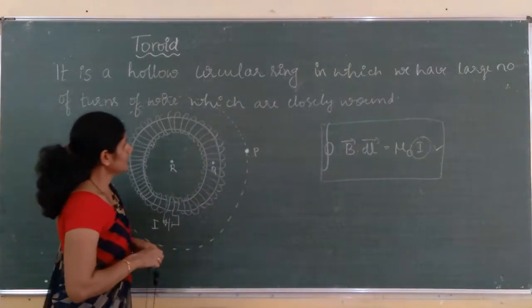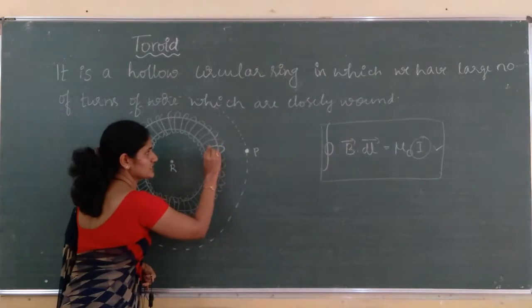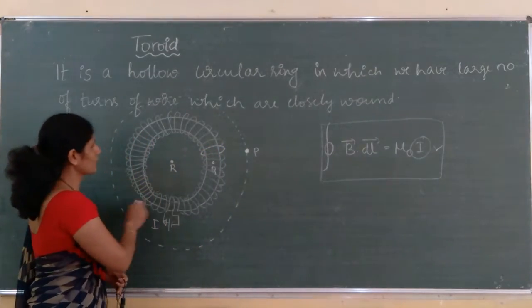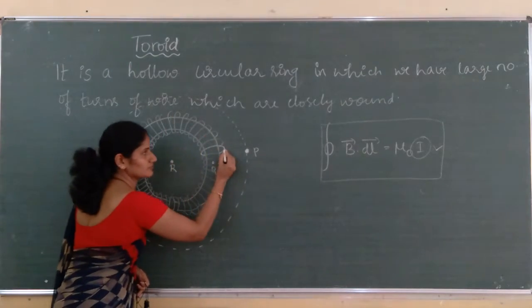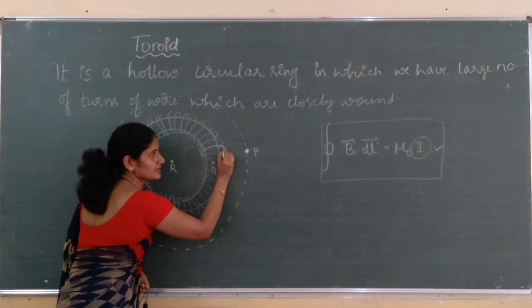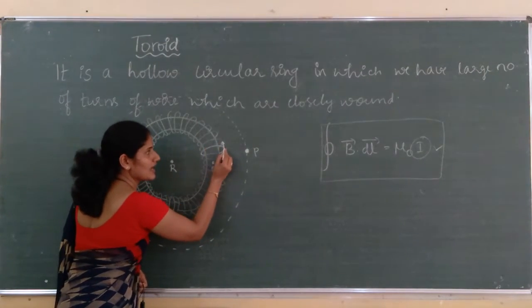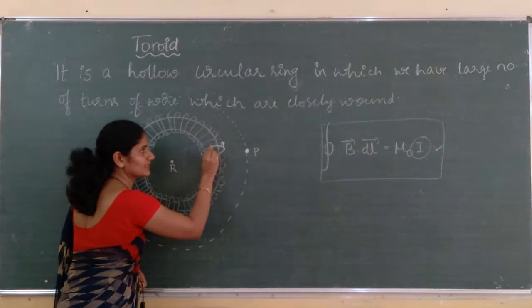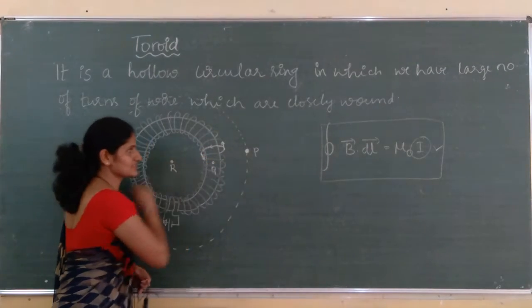Now let us see what is the current, what is I. Okay. Now just consider this circular loop. The current is flowing like this. At every point, at this point, the current goes like this, and the charge carriers will move like this, and at this point the current will move or flow like this.